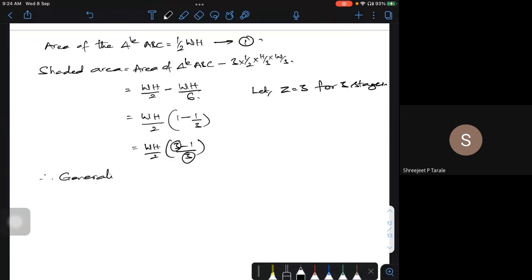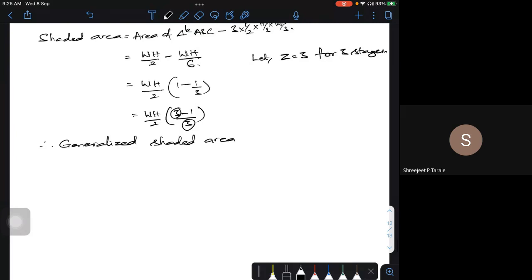I'm trying to show you 3 stages. If there are 4 stages or 5 stages, then I can write the generalized shaded area formula as WH by 2 into (Z minus 1) by Z. So this is your general shaded area.